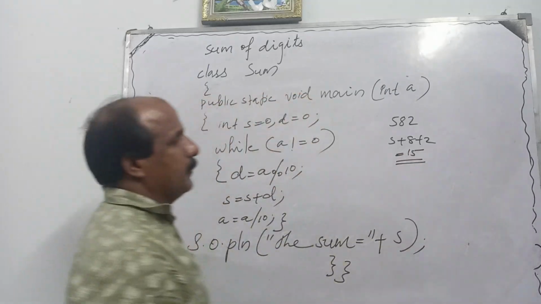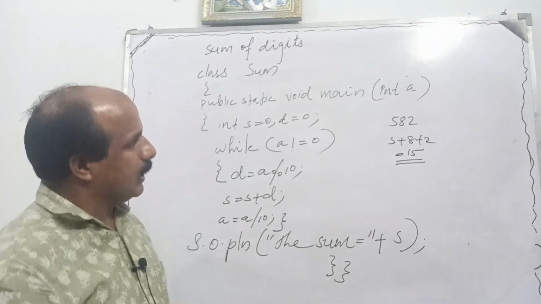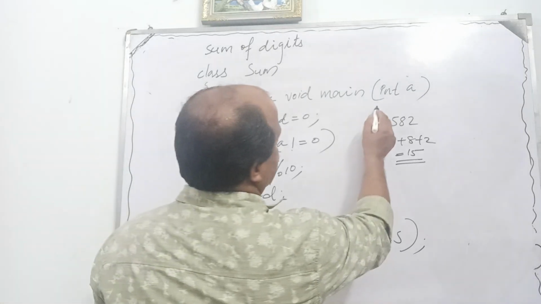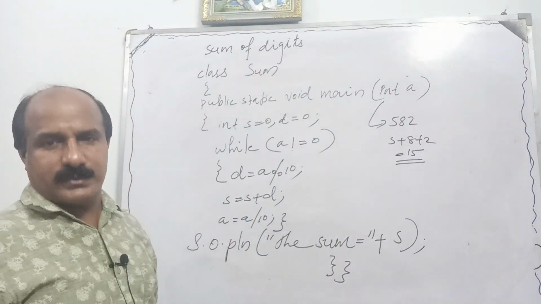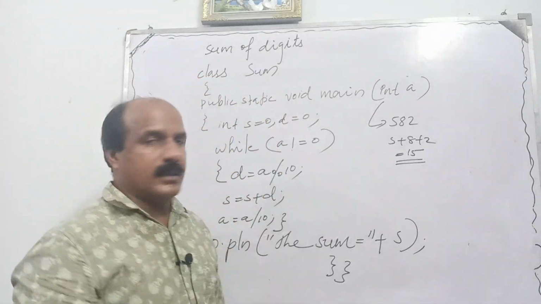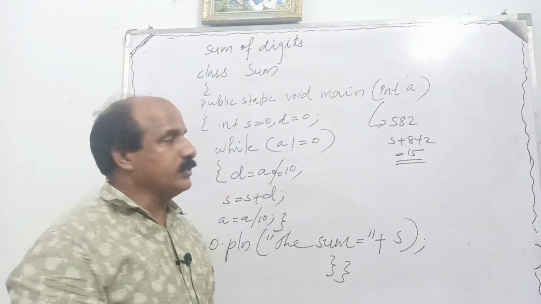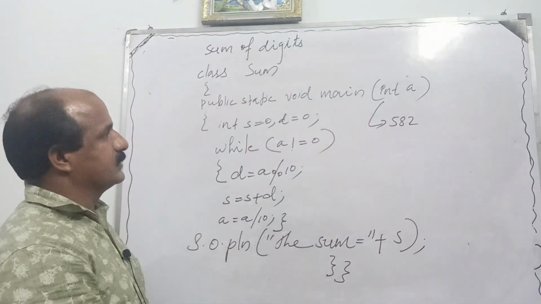This you need to print. Now we consider A as 582 itself. So let us see the procedure for doing this.